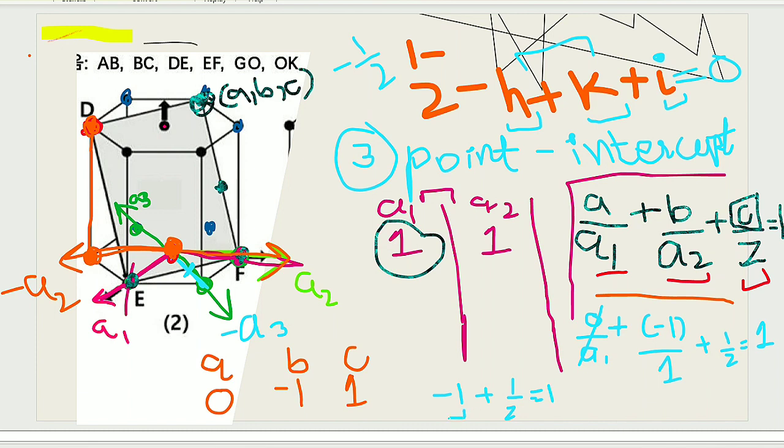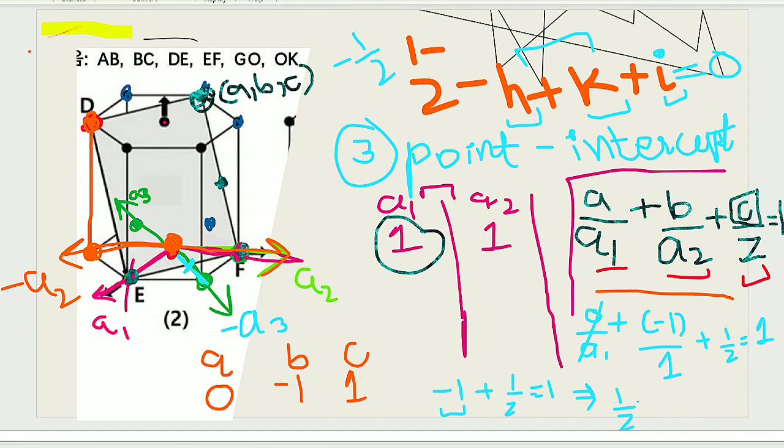So taking this minus 1 onto the other side of the equation, to leave z on one side, we get 1 over z equals 1 plus 1.